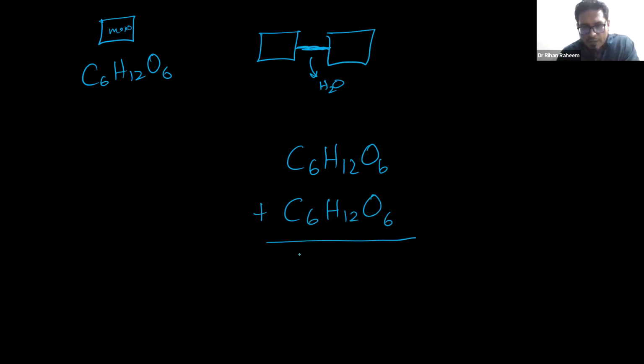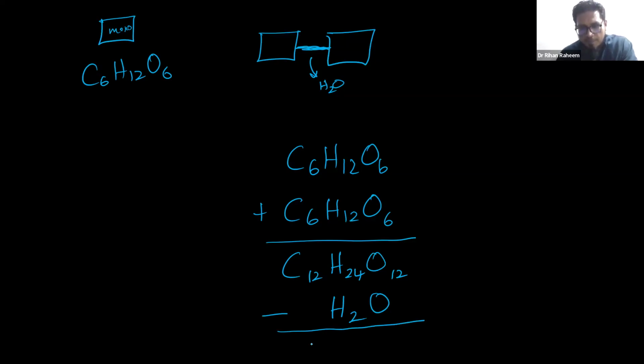When you add this, you're getting C12H24O12, right? But when the bond is forming, one water molecule will be released. We'll subtract one water. Now what will be the formula? C12, 24 minus 2, H22. 12 minus 1.